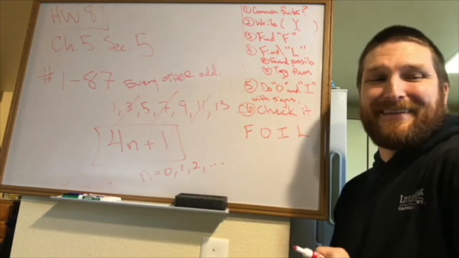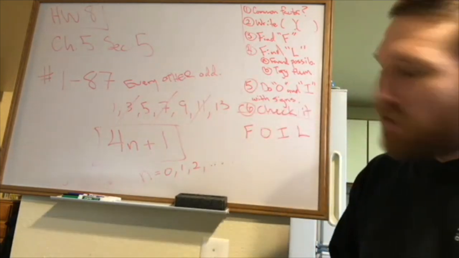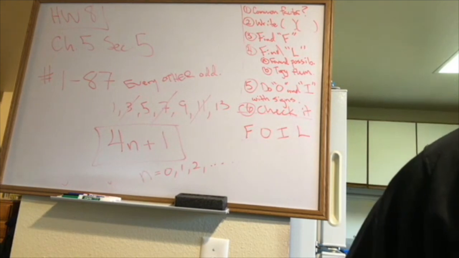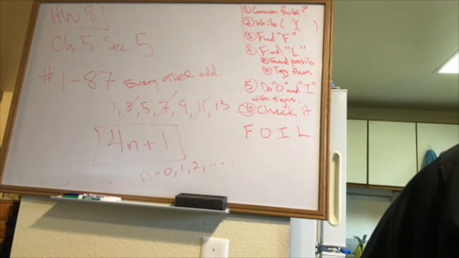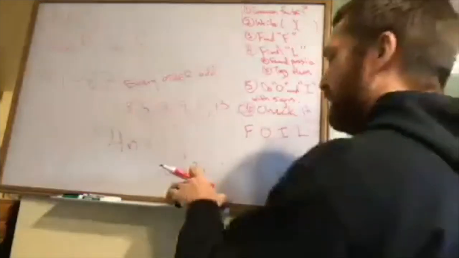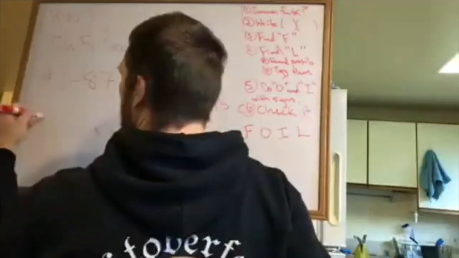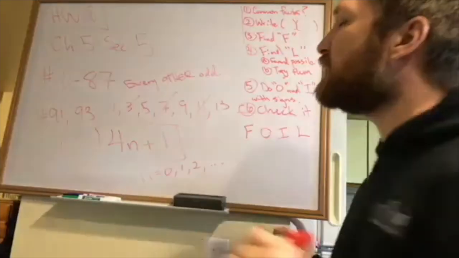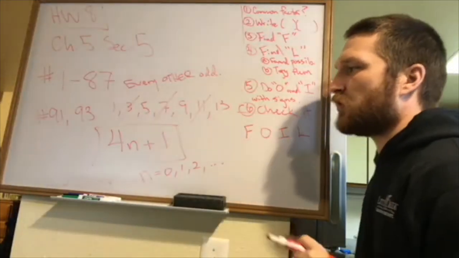So you might like that. And then there's a couple more there. That's 87. And then I just wanted you to do that one and that one. So 91 and 90. So it's like 26 problems, I think, total.